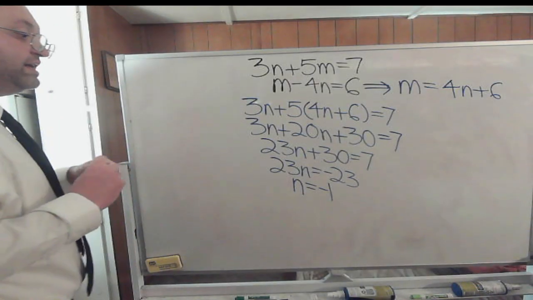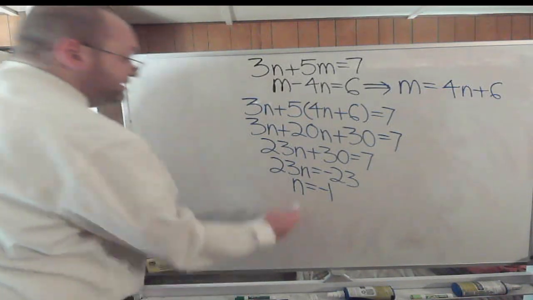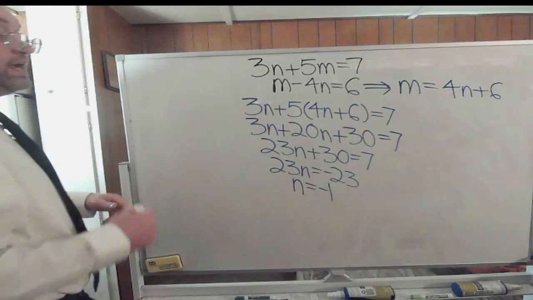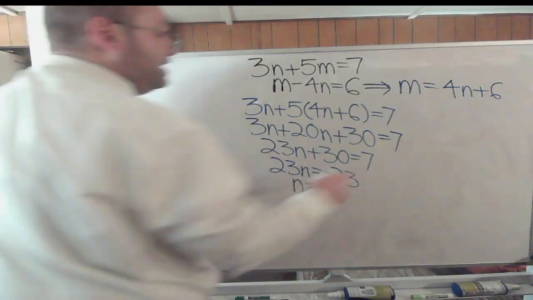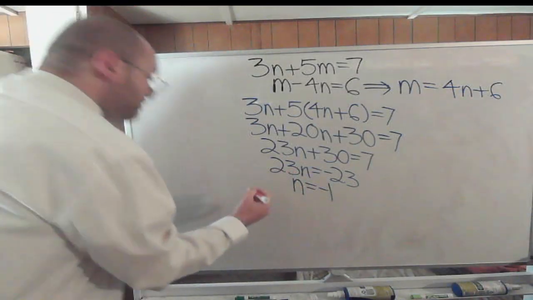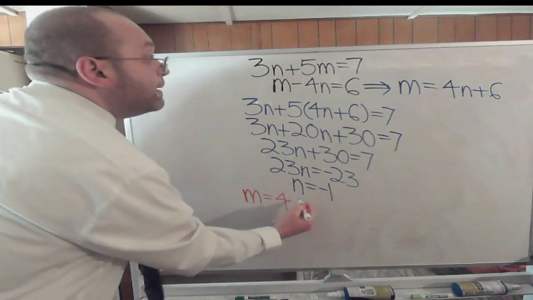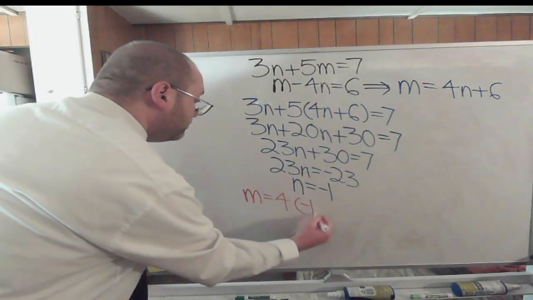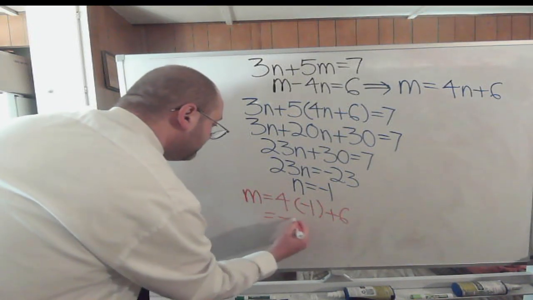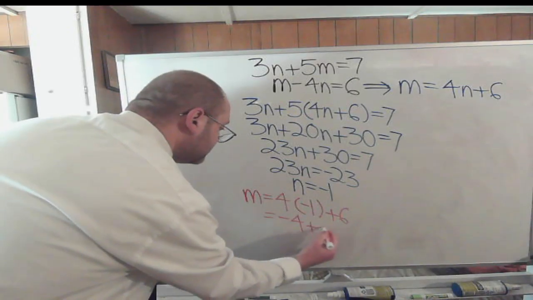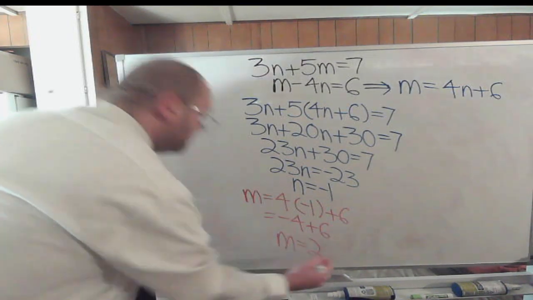So we found the n coordinate of this being negative 1. Now we got to find the m coordinate, which all we have to do is put that into our substitution equation. That n value goes in the substitution equation, so you'll have m equals 4 times negative 1 plus 6, which means that's going to be equal to negative 4 plus 6, which means m equals positive 2.